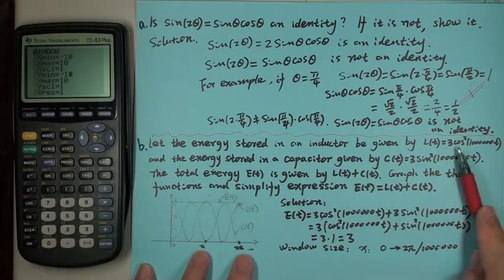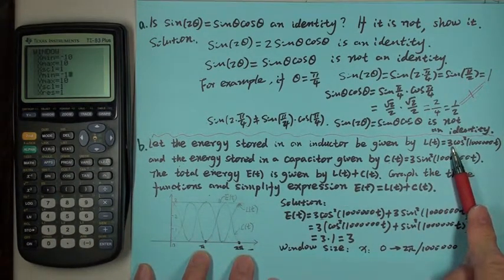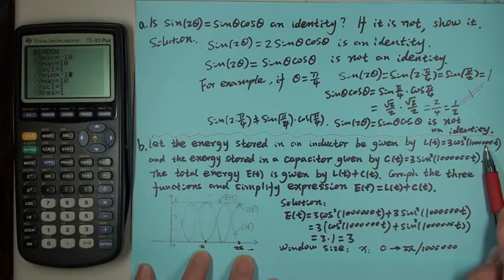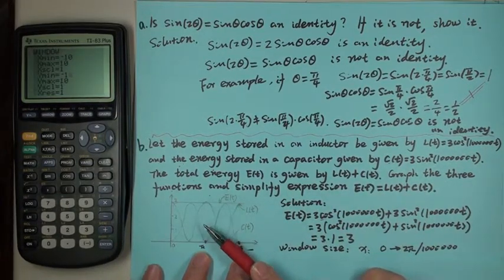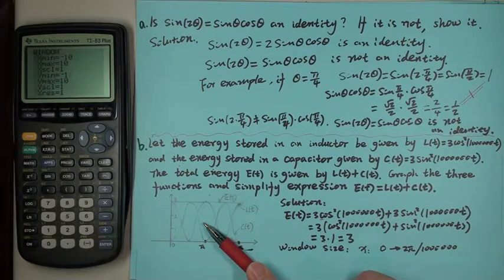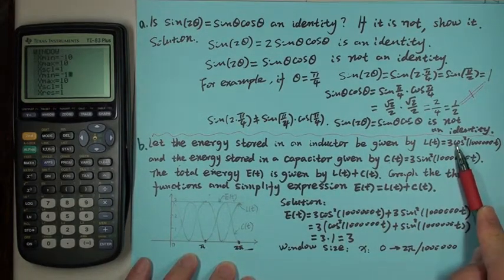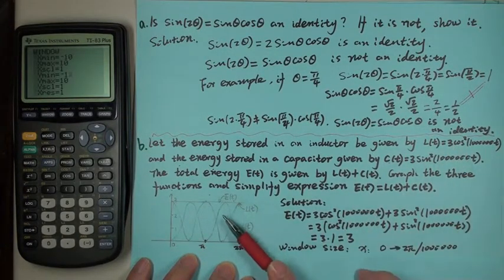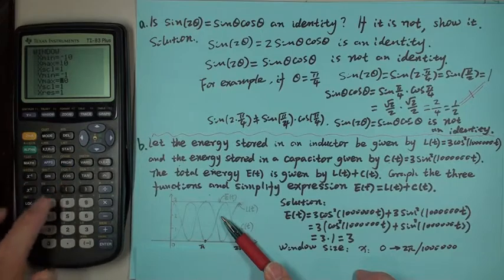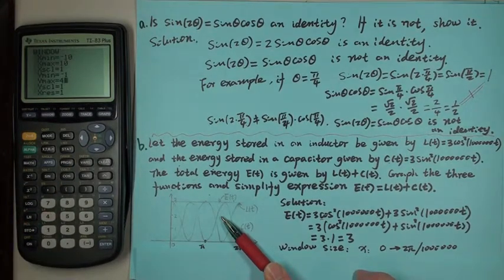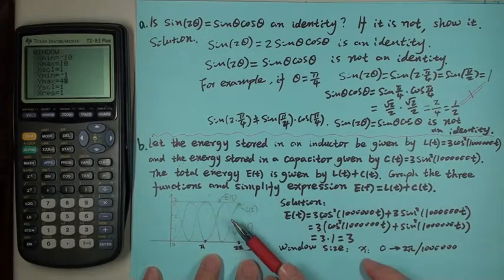You may set up from 0 because this one is greater than or equal to 0, but I like to set up a little bit lower. And here the 3, you may set up a little bit greater than 3. So for y maximum, you may set up 4. Okay, so that's the vertical one.